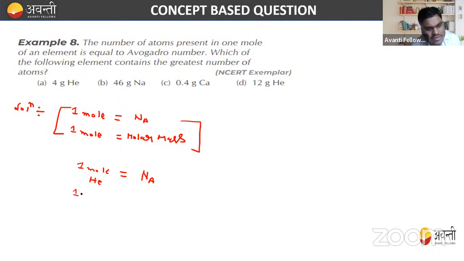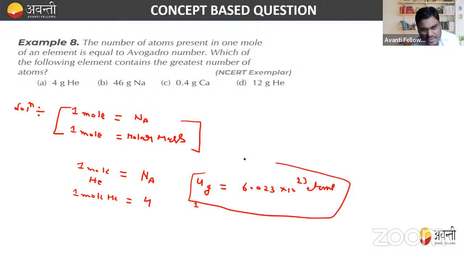And 1 mole of helium is also equal to the molecular mass, that is 4. So 4 gram contains 6.023 × 10^23 atoms, right? So 4 gram contains this much of atoms only.